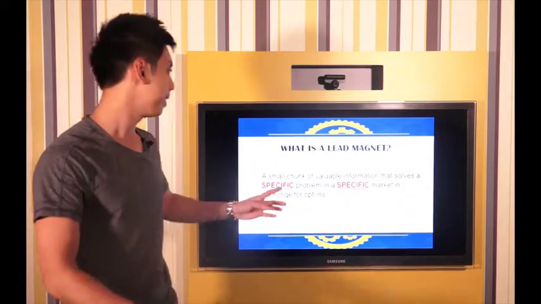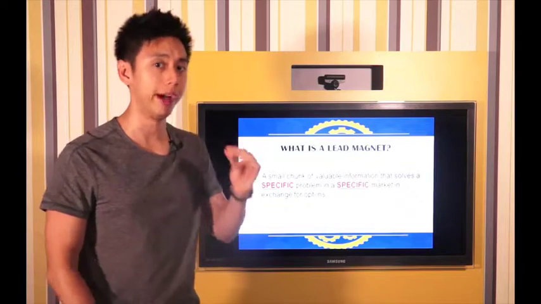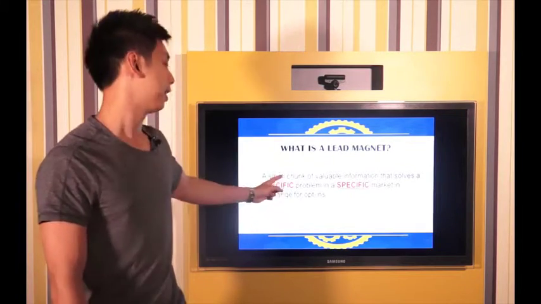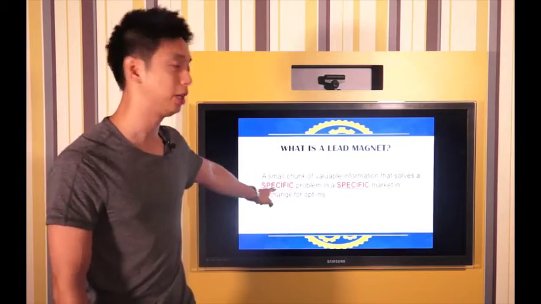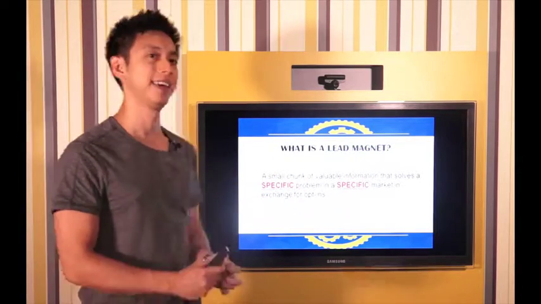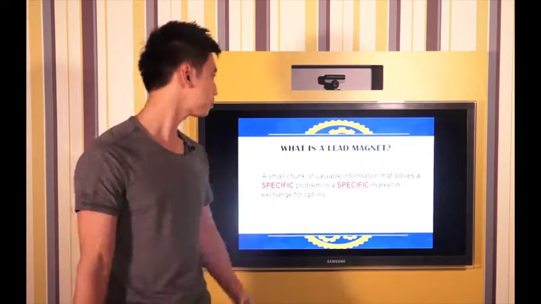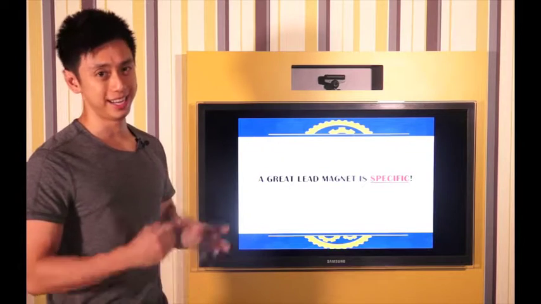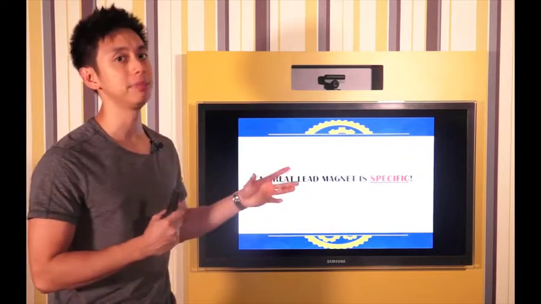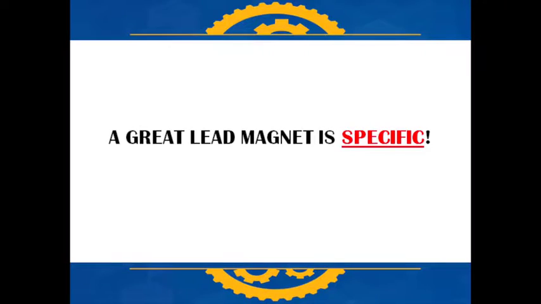So I'm going to say that again. It's a small chunk of valuable information that solves a specific, that's the keyword here, specific problem in a very specific market. So in other words, what makes a lead magnet great is that it needs to be very specific.